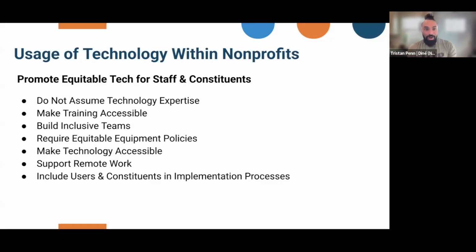So I think a big part of equitable usage of technology is making sure that you are promoting that equitable usage for your staff, more importantly, and also your constituents and community members. I start with staff because I had a mentor in the past whose advice has really stuck with me.